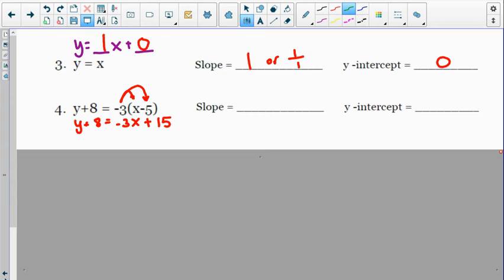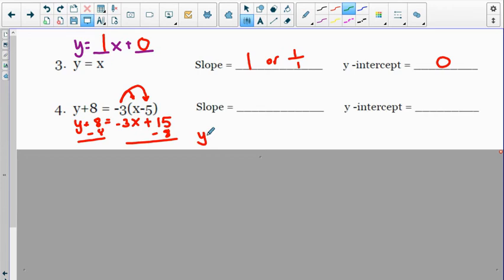Step 2, we want to get y by itself. This is just like solving literal equations. I just want to solve for y and get it by itself. So if I want to undo the plus 8, I subtract 8 on each side. And what would I subtract 8 from? Well, 8 is just a number, so I subtract it from the other number.